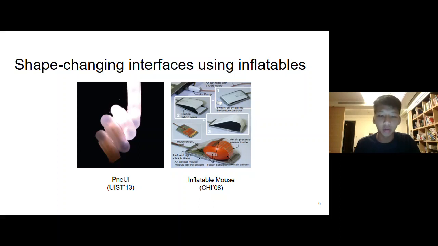Here are some examples of using one inflatable to implement a shape-changing interface. One fabricates a preconfigured inflatable to change its shape progressively. Inflatable Mouse also uses one inflatable to change the shape of the mouse to indicate different contexts.